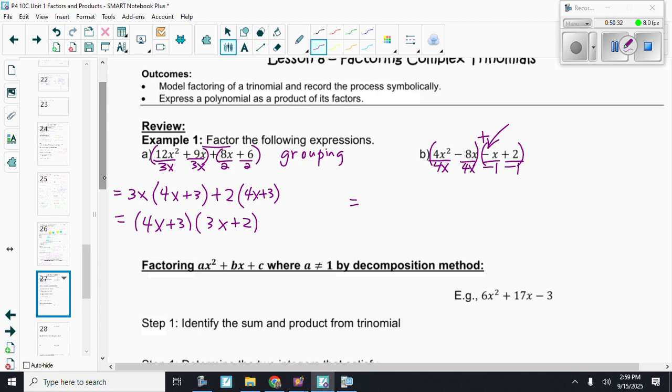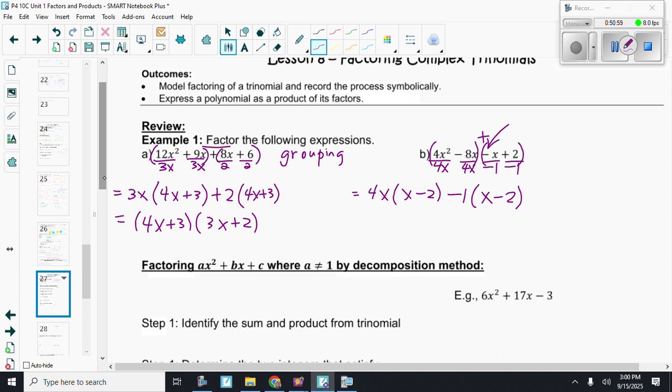So in this case, let me just move it up. We pulled out an x minus 2, and then we pulled out a negative 1. Negative 1 times x gives me my negative x. Negative 1 times negative 2 gives me a positive 2.